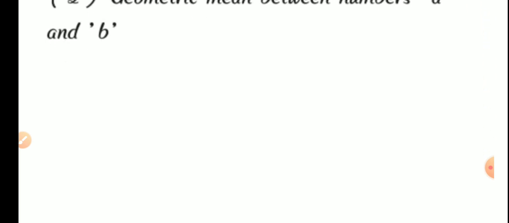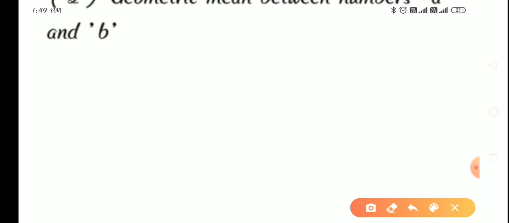Suppose one GP is given and you have to find the sum of 20 terms, or the sum of 15 terms, 25 terms, 27 terms. So how can you find the sum of the number of terms given?